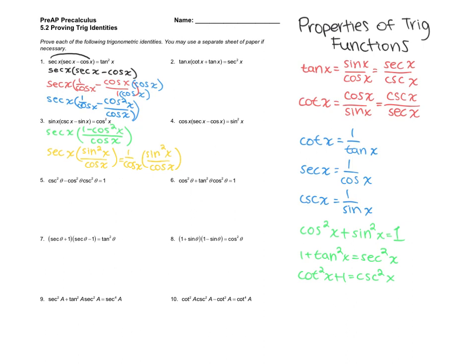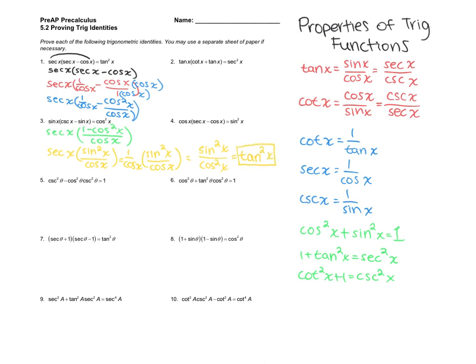That's one of our properties. And then we just combined it right across because it's multiplication, which is equal to sine squared x over cos squared x. And now that would simplify into tan squared x.